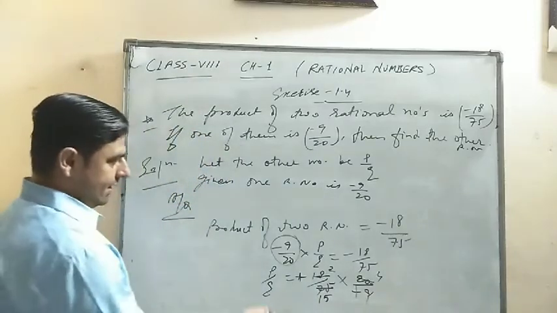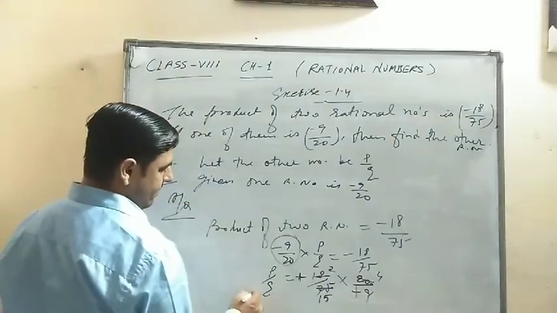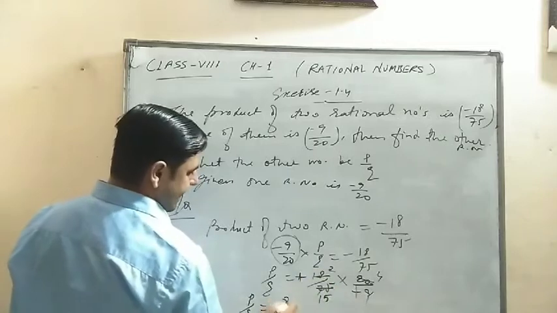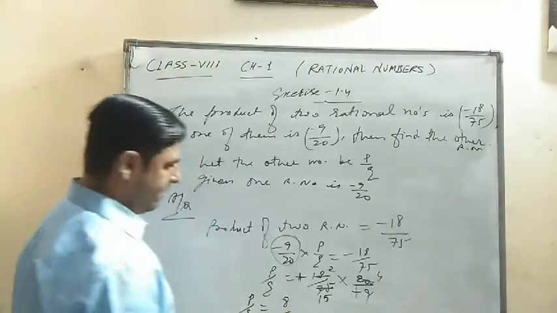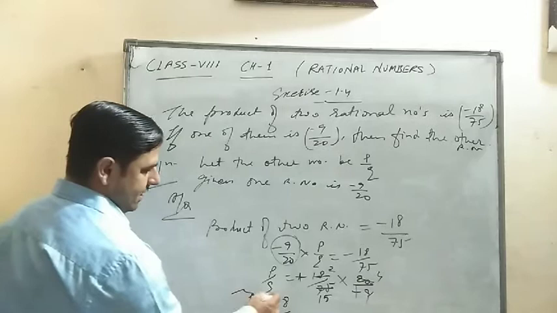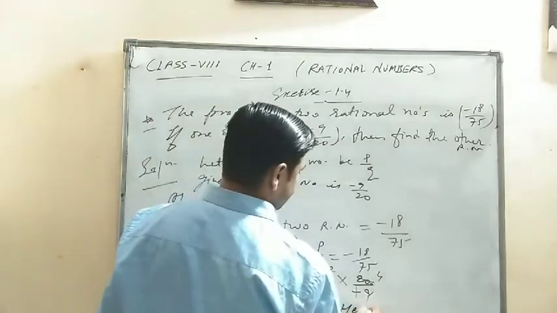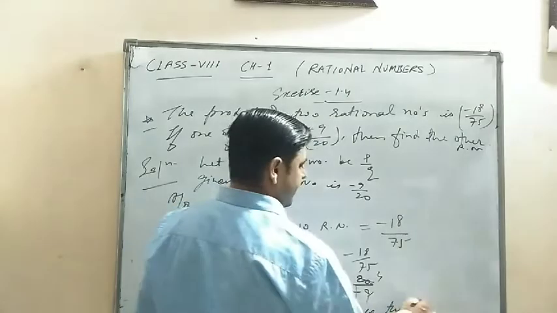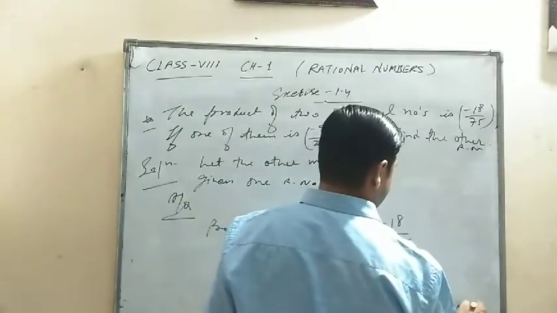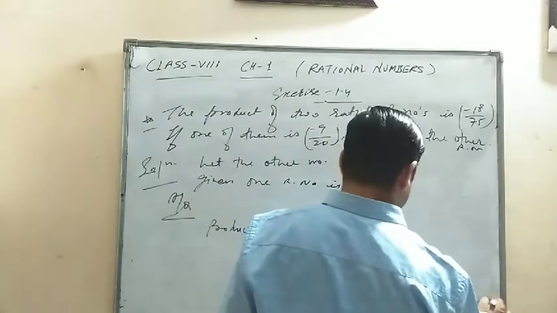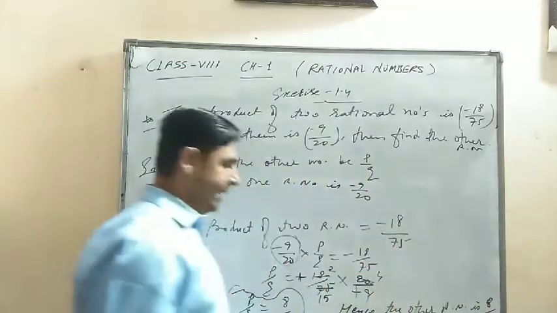Okay, so the result is P by Q is equal to 2 4 is 8 divided by 15. So hence the other rational number is 8 by 15.